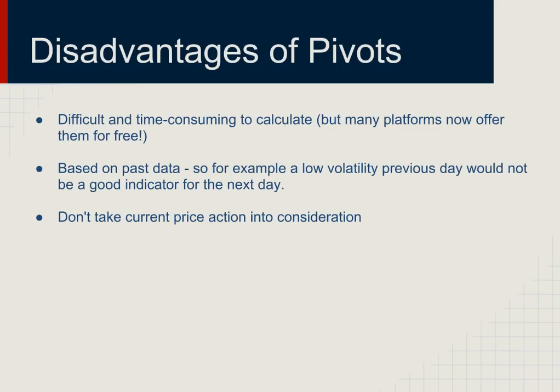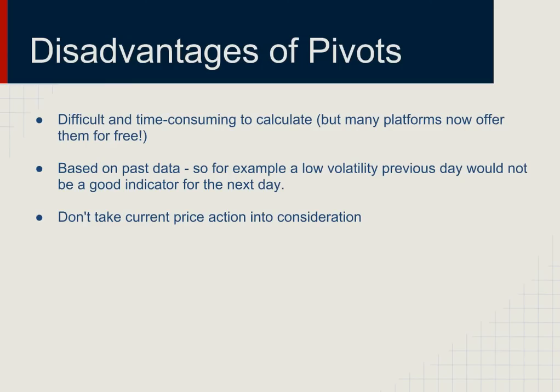They are based on past data. For example, on a low volatility previous day, the levels it would come up with would not be a good indicator for the next day. Sometimes Mondays are very low in terms of volatility, so the price range within that day, the high and the low, is probably about 50 pips, whereas on a Tuesday or a Wednesday it's 150 pips.